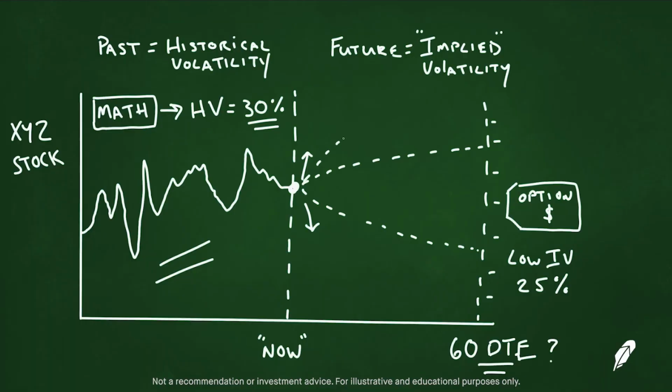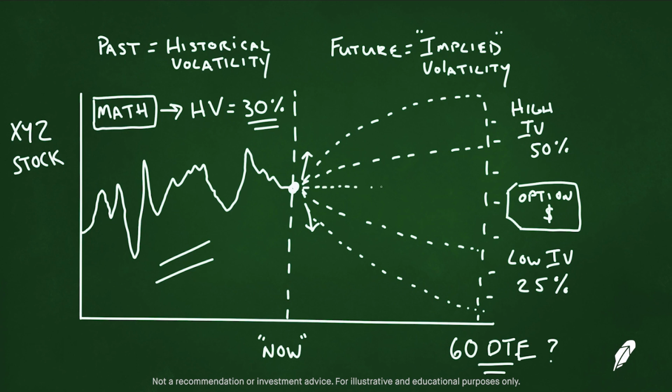Now, what about a high implied volatility stock? Well, in that case, the options might be implying a wider range of potential outcomes for the stock 60 days from now. And so that range we might call high implied volatility. And that number will be higher, maybe something like 50%. But remember, the stock price as of today is sitting right in the middle of that range.